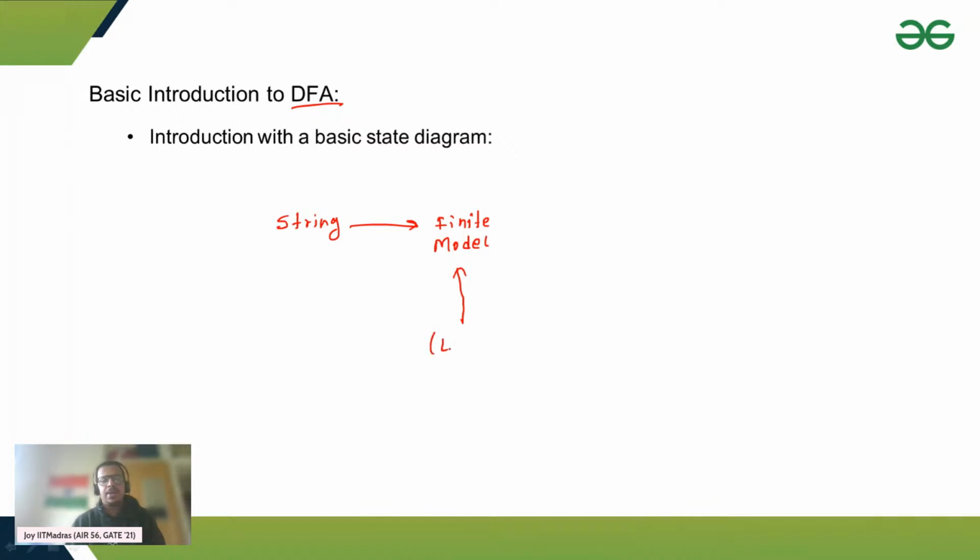You have created it by the concept of language. Whatever the rules and regulations are in the language, using that we have created the finite model, and by inputting the string, it will tell us whether the string is in the finite model or not. So that is the basic idea of making this finite automaton.